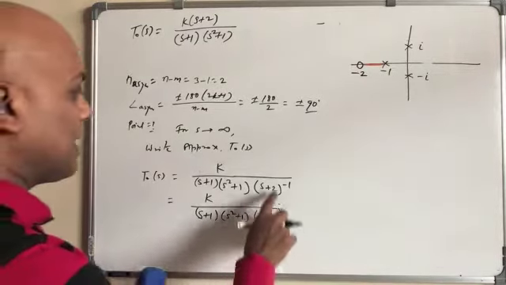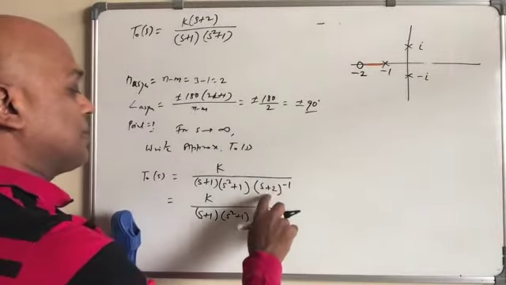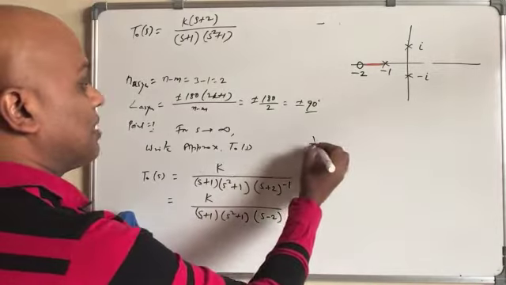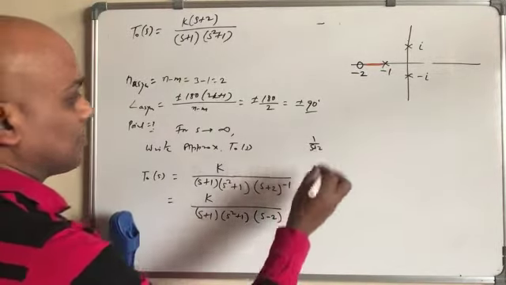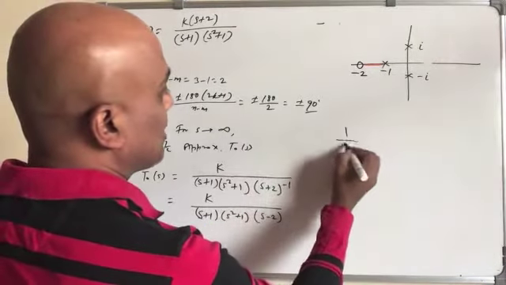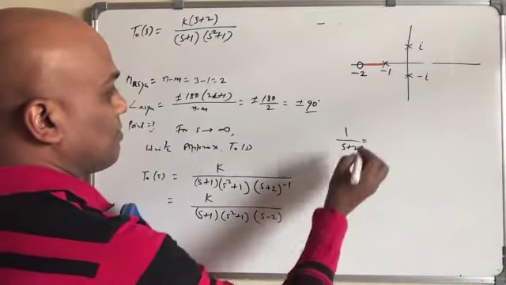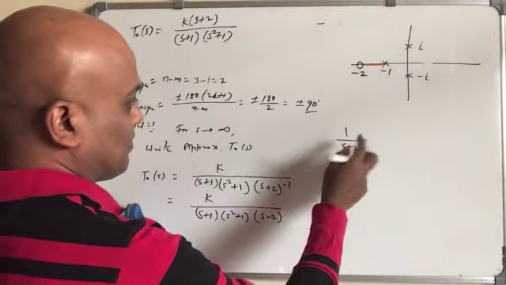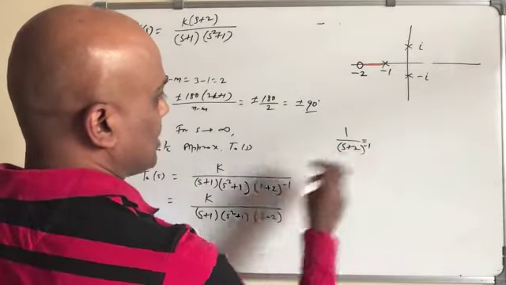So approximately it will be like 1 over s plus 2, and here we have minus 1.